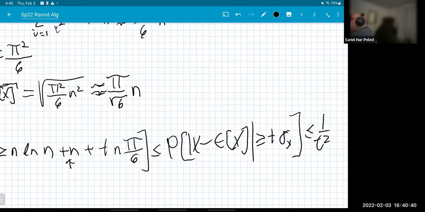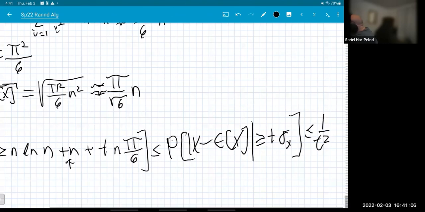So that already says that n ln n is going to be the truth. We might be n ln n and then maybe a few more n's away, but we're thinking here about the case where n is huge and ln n is large, so this is already a good probability.